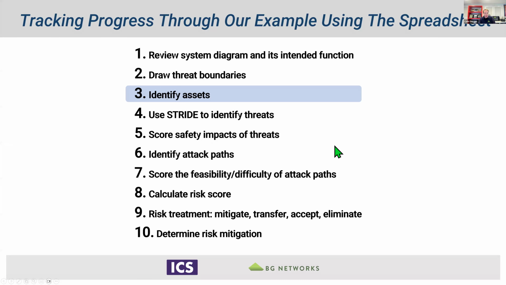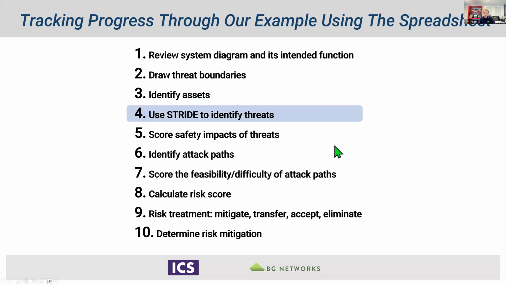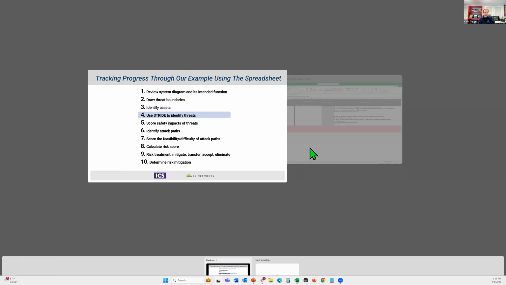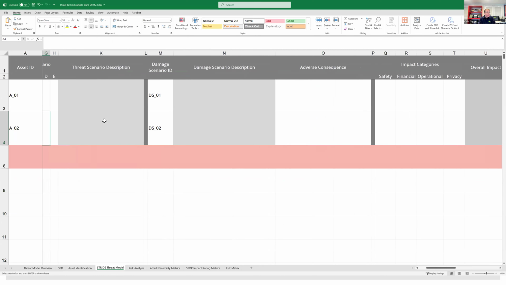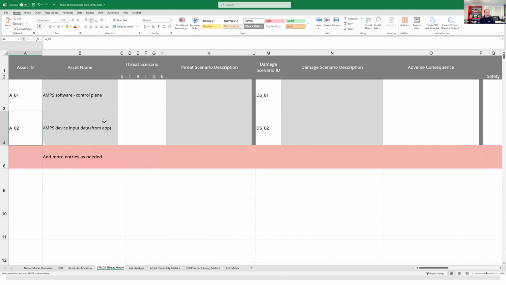So the next thing is to use STRIDE. And there was a question about STRIDE, a really good question that came in on the chat. And the point is it can be hard to use STRIDE. And the way that we think about STRIDE is that it helps us figure out what the threat should be.